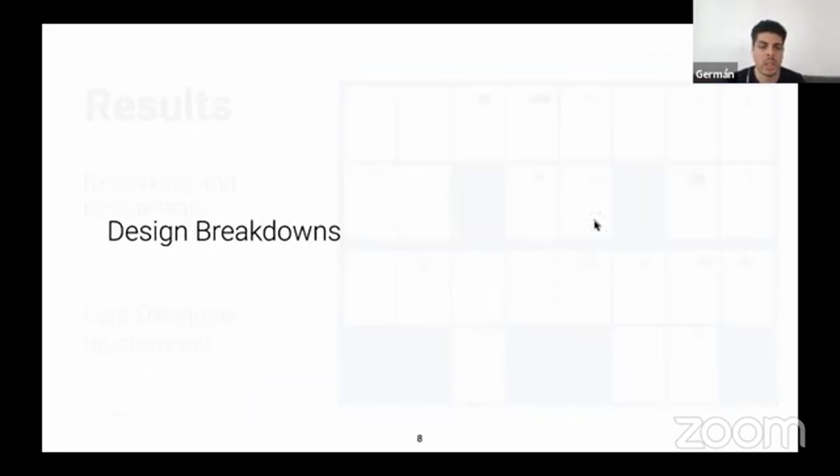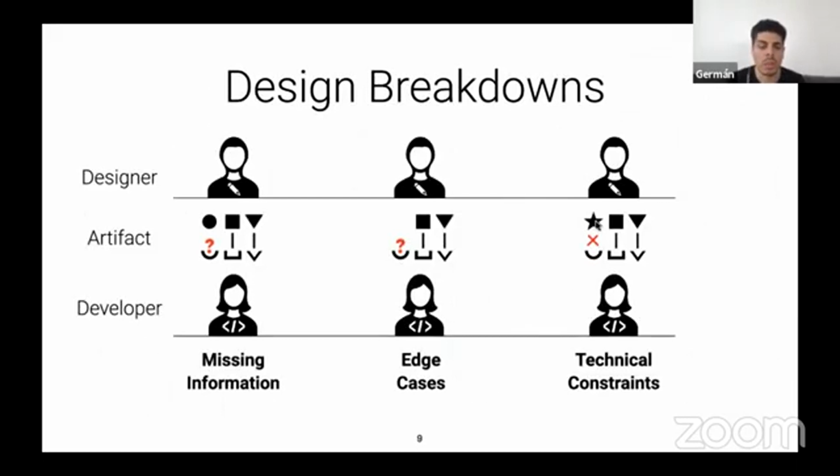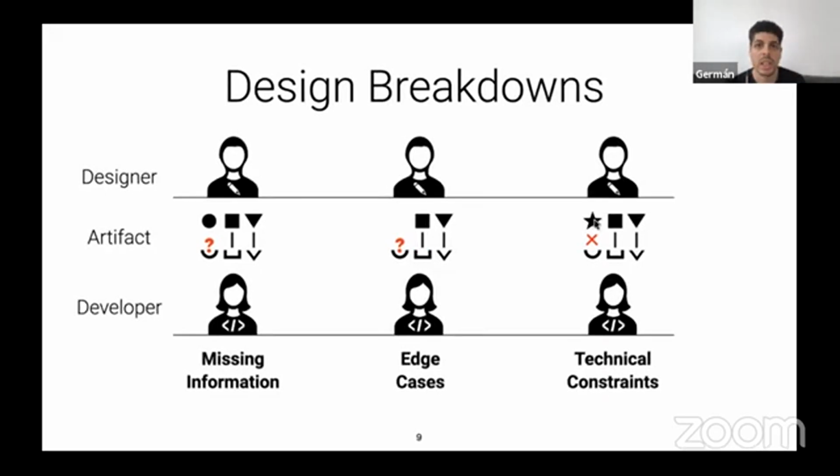Another category of problems are design breakdowns. We define breakdowns as impediments that need to be solved before the design can be implemented. From top to bottom, we have a designer sending an artifact to a developer. This specification artifact, for example, in the first case, can lack some information that the designer knows, but he didn't communicate it. That's what we call missing information.